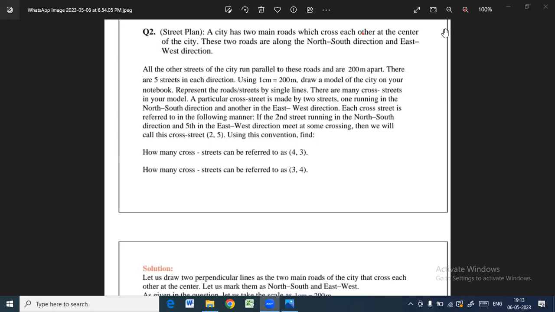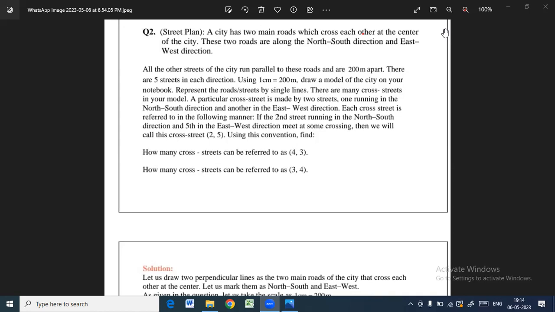Represent the roads of the city by single lines. There are many cross streets in your model. A particular cross street is made by 2 streets, one running in the north-south direction and another in the east-west direction. Each cross street is referred to in the following manner.